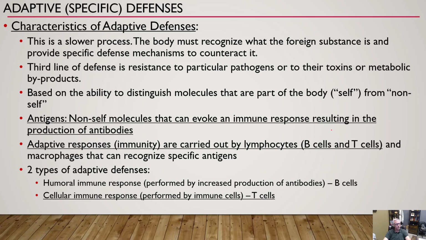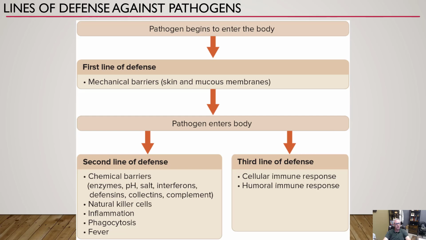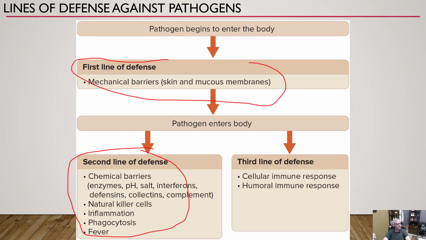All right, so here's just a summary slide of how pathogens enter in our body. Remember that our first line of defense is the mechanical barrier, and then our second line of defense are the chemical barriers and natural killers, inflammation, phagocytosis, fever, and then our third line of defense is cellular immune response, which is going to be more T cells, and our humoral immune response, which is going to be more B cells.